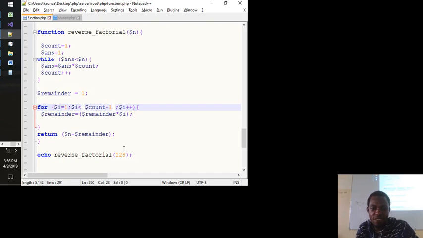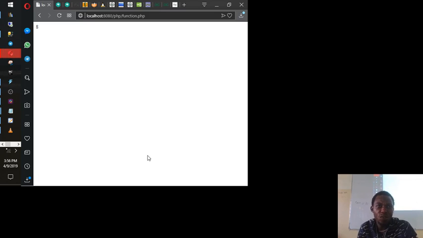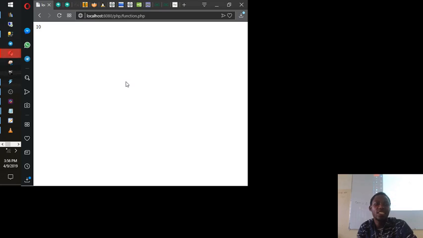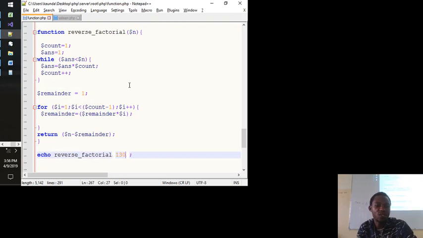So if we have like 30, it has to take the 120 out, which gives us the 5 factorial. Then it will tell you the remainder. So you see, that means there is a remainder of 10. So that is it if you want to get a remainder.